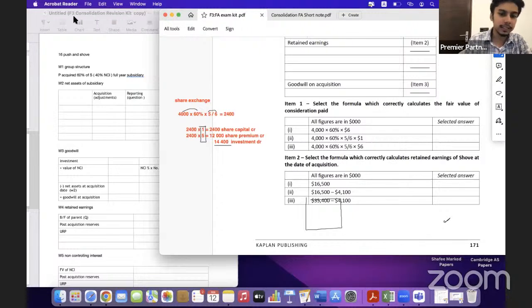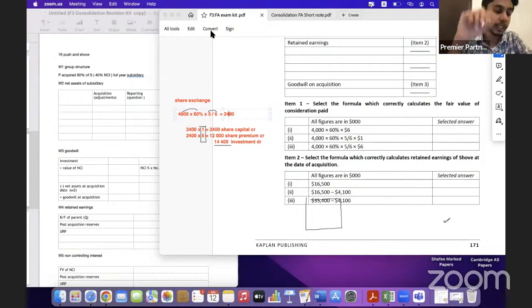No, guys. Over here I had made a slight error. Over here, guys, I have made a small mistake. That's where everything went wrong. So sorry, guys. It's my mistake. I had done a big mistake here. Here, guys, see, 4,000 into 60% is 2,400. So 2,400 multiplied by 5 and divided by 6. Here, the answer has to be 2,000 shares, guys. Okay. Here, I had made a big mistake.